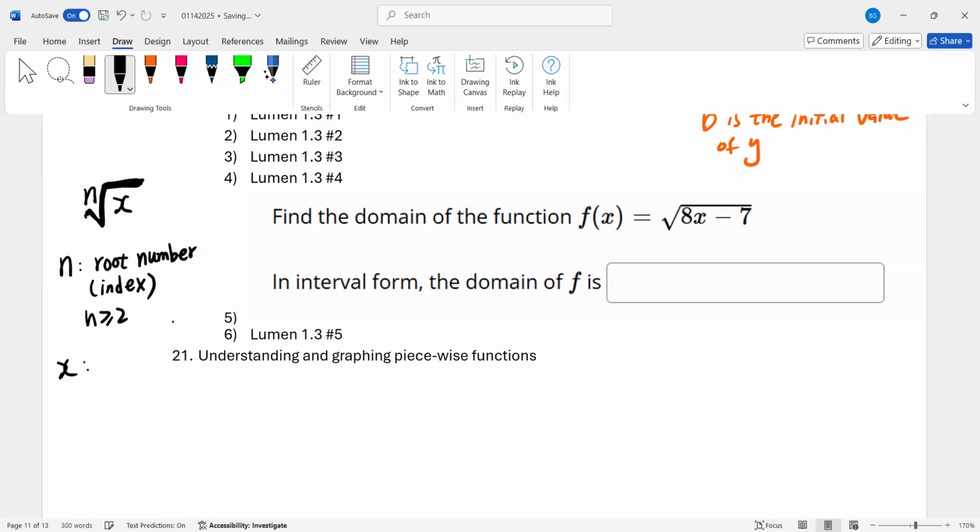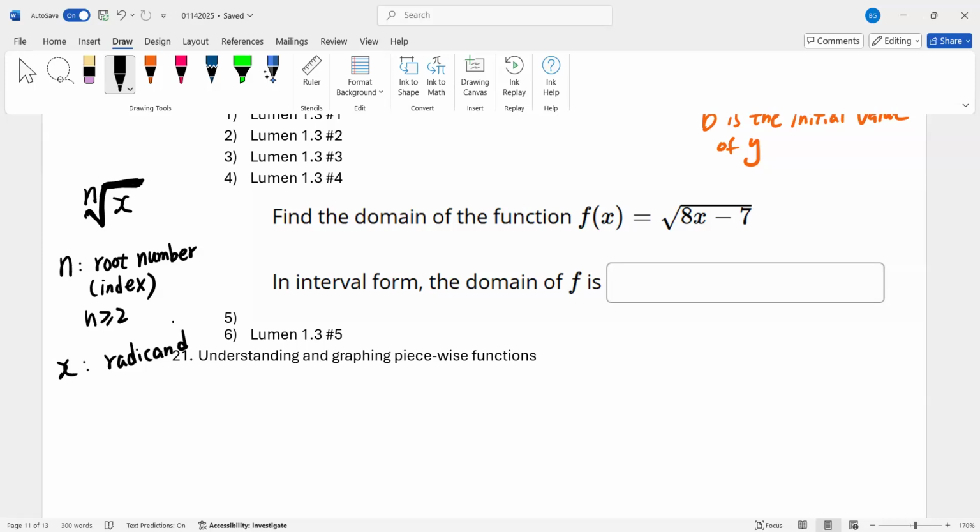x here is the radicand. I would strongly recommend you remember this word, radicand. I know your major is not mathematics, but when you learn a new language, isn't it important to memorize the terminology besides the grammar?